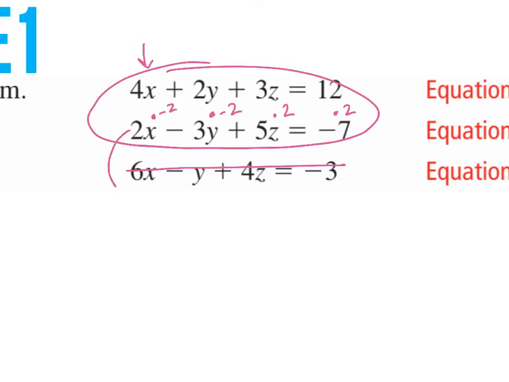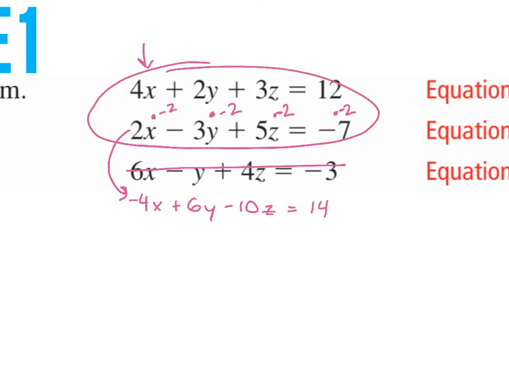Let me rewrite it down here. We have -4x plus 6y minus 10z is equal to +14.